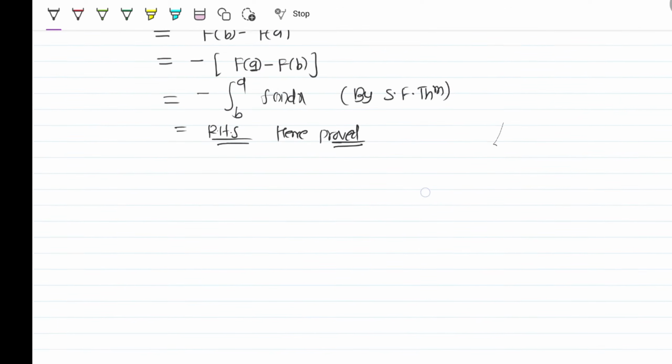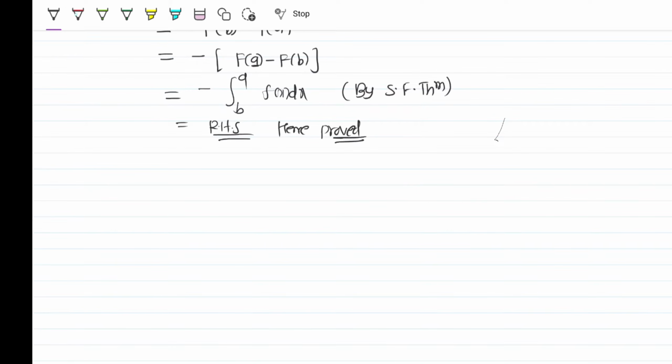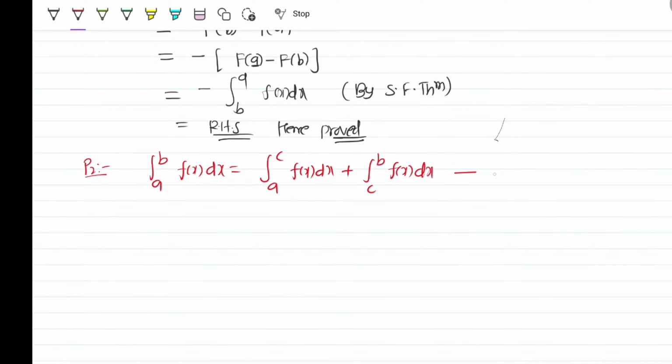Now let's see the next property, which is the P2 property. What is P2? P2 says that the integral a to b f(x) dx can be written as integral a to c f(x) dx plus integral c to b f(x) dx. Okay, this is the property.